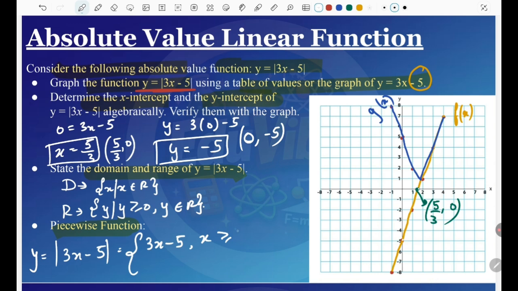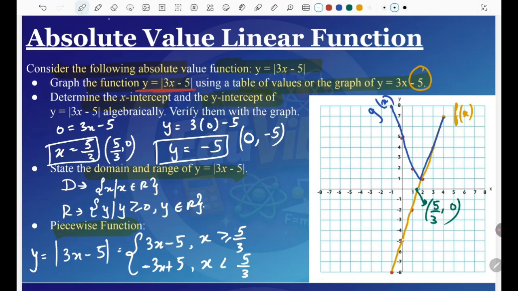The other piece is for x less than 5 by 3. If you get the negative numbers, after that point 5 by 3 you have a minus sign, so minus 3x plus 5. It should be plus 5.